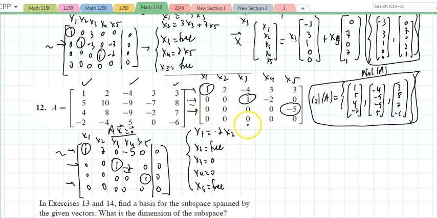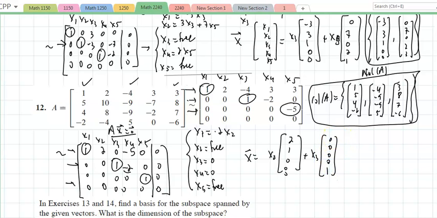That's it. So we could say that x is actually x2 times 2, 1, 0, 0, 0, plus x5 times 0, 0, 0, 0, 1. If I'm not mistaken or don't make a mistake, basically the null space of A would actually be 2, 1, 0, 0, 0, 2 vectors.